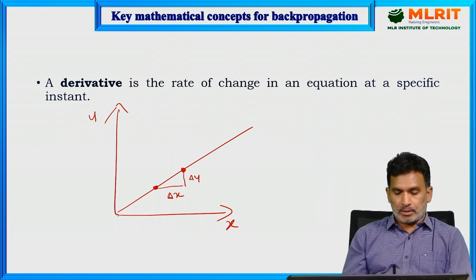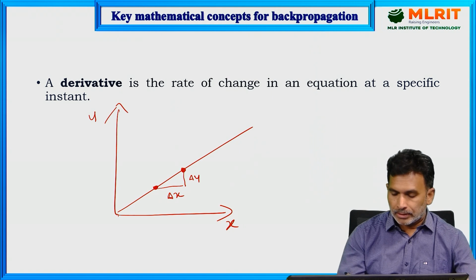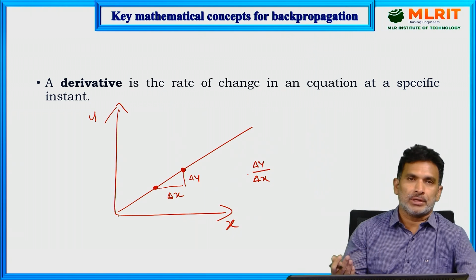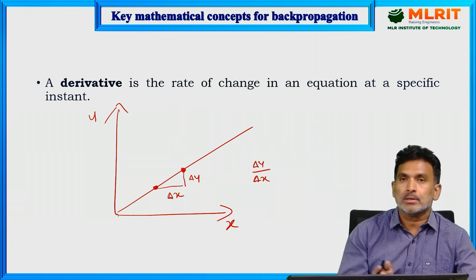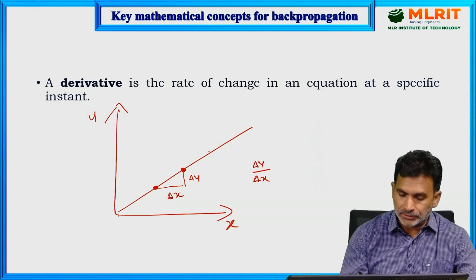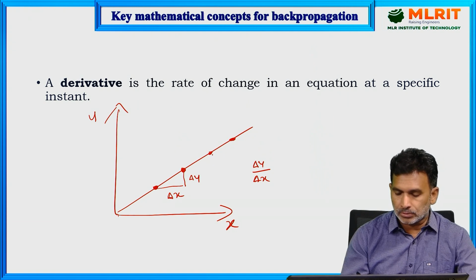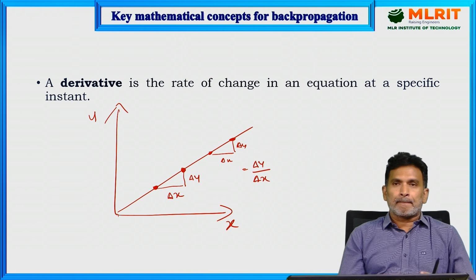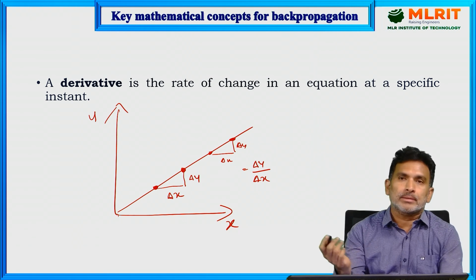So here the slope, delta y by delta x, is the rate of change. If you take any other part of the straight line, the rate of change, delta y by delta x, remains constant.